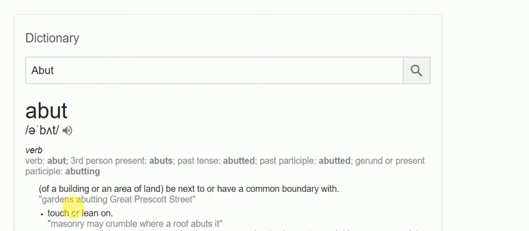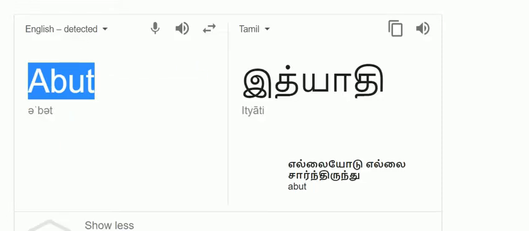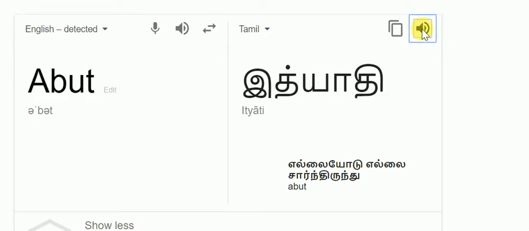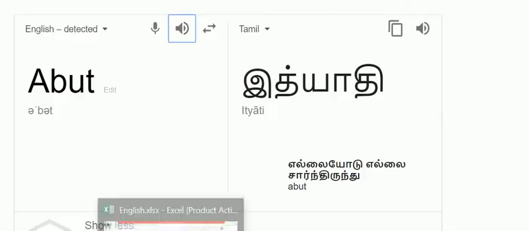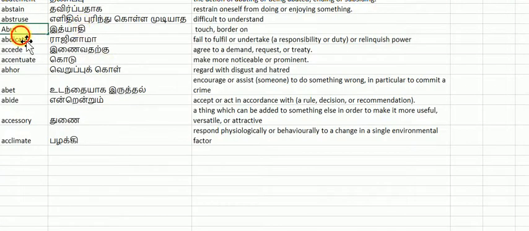See the sentence: the garden abutting a great Bristol street; the mansard where the roof abuts. In Tamil we can say எல்லையோடு சார்ந்திருத்தல். So it is with the line of the border that we can say abut.